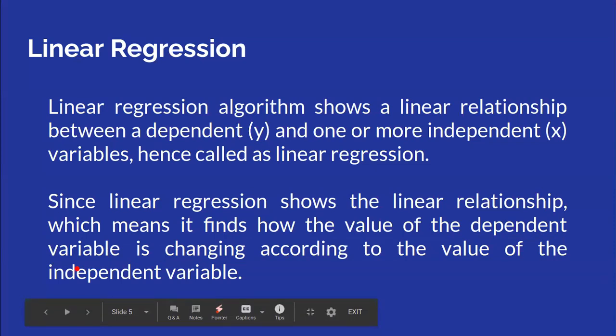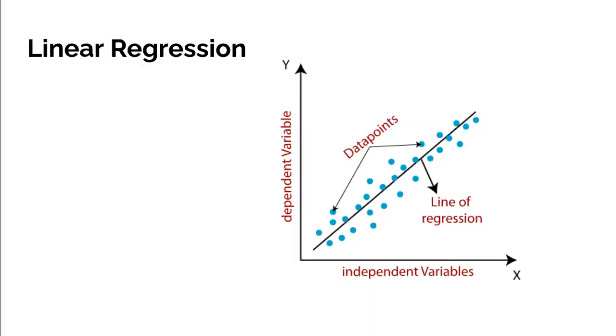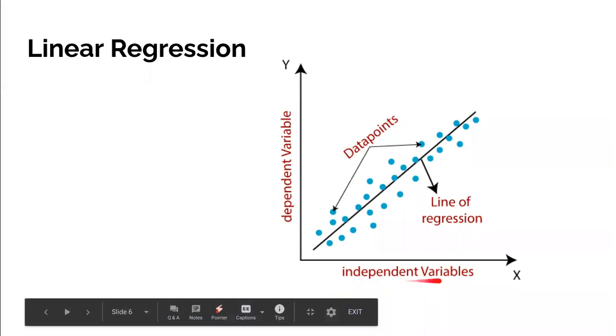All right, so the relationship is there. If the input is changing, it will surely impact the output. That is what we have to analyze. All right, so this is a line chart. It shows the relationship between independent and dependent variables. See, the x-axis is known as the independent variable or input, and the y-axis is known as the dependent variable or outcome.